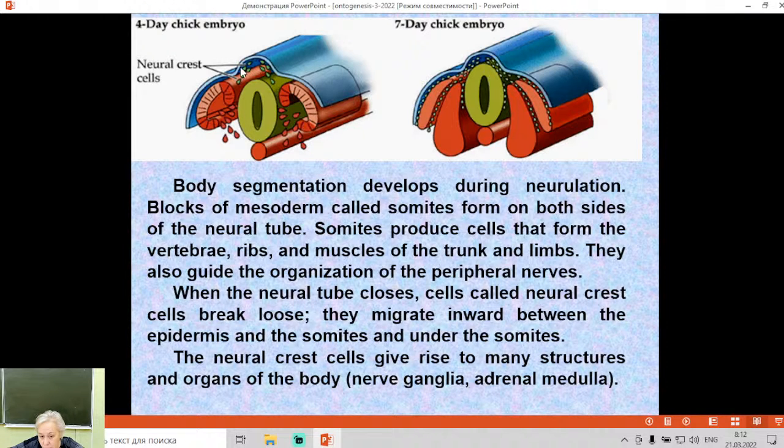And about the neural crest. When the neural tube closes, cells called neural crest cells break loose. They migrate inward between the epidermis and the somites and under the somites. The neural crest cells give rise to many structures and organs of the body, for example, nerve ganglia, adrenal medulla.